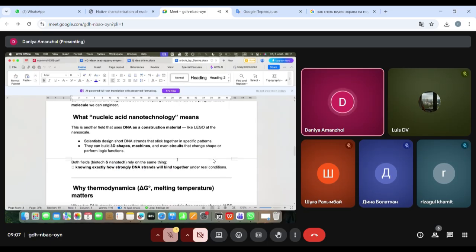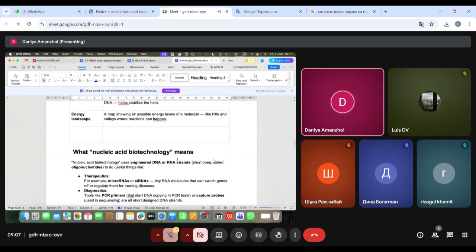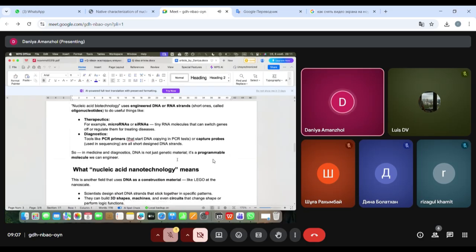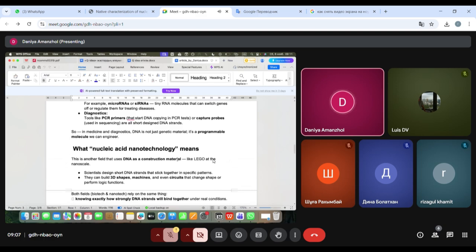On top of this, it is also used in nucleic acid nanotechnology. DNA is now widely used in 3D shapes, in circuits, constructing machines, and performing logical functions.